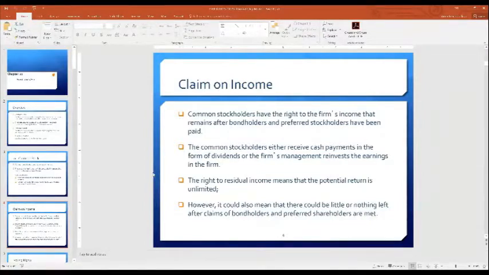And then, common stockholders either receive cash payments in the form of dividends or the firm's management reinvest the earnings in the firm. So this is what I have mentioned a while ago. So if you are the common stockholder, you receive cash payments from what you have invested. So like for example in PLDT, you have invested by subscribing to their services.